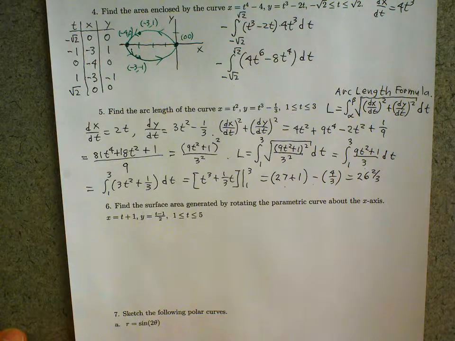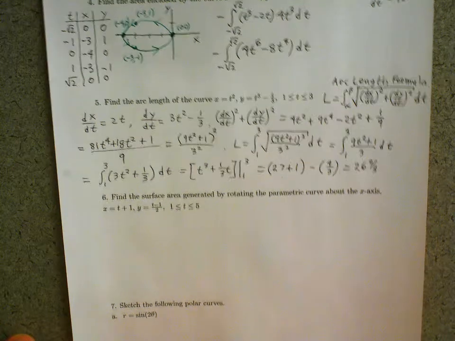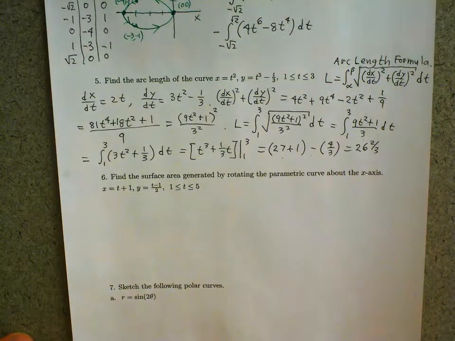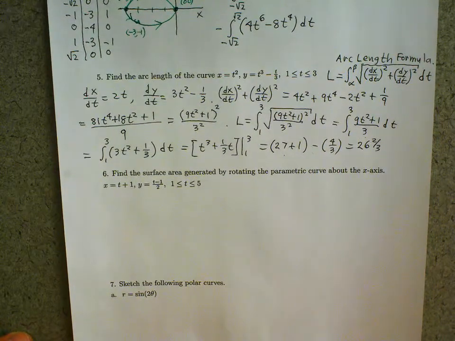Okay, on number 6, find the surface area generated by rotating the parametric curve about the x-axis.